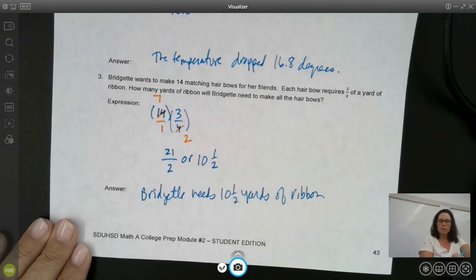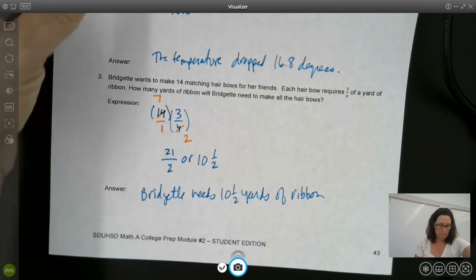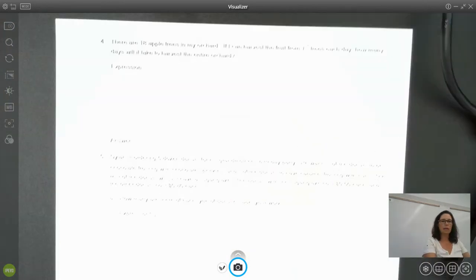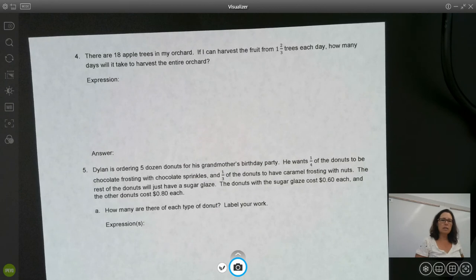All right, on to number 4. There are 18 apple trees in my orchard. If I can harvest the fruit from 1 2/3 trees each day, how many days will it take to harvest the entire orchard? I hope this is screaming division to you.